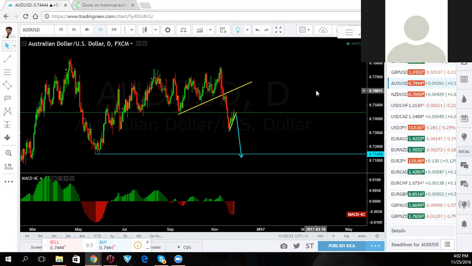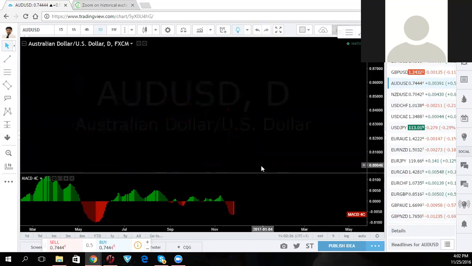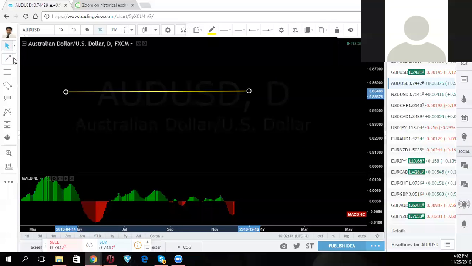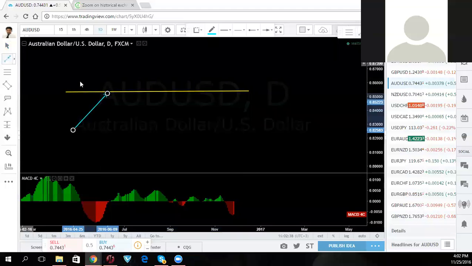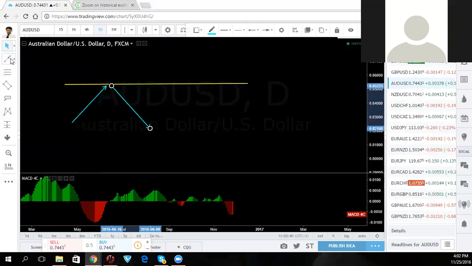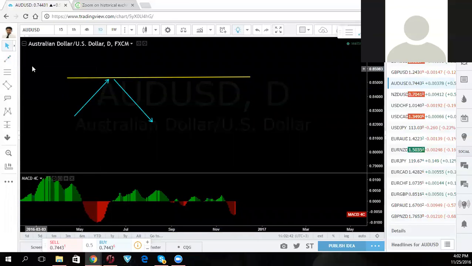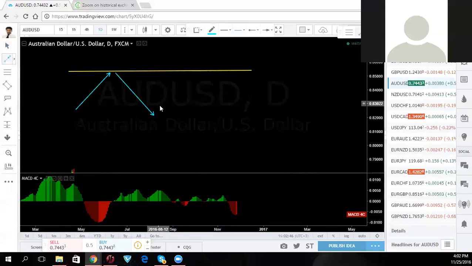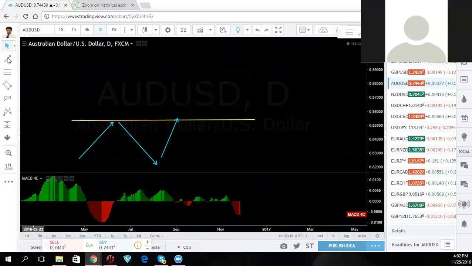I saw somebody post a chart like this the other day. And I mean, this is literal, guys, I'm not kidding you. Somebody posted a chart like this, and like this, and like this. And then we got another line here.